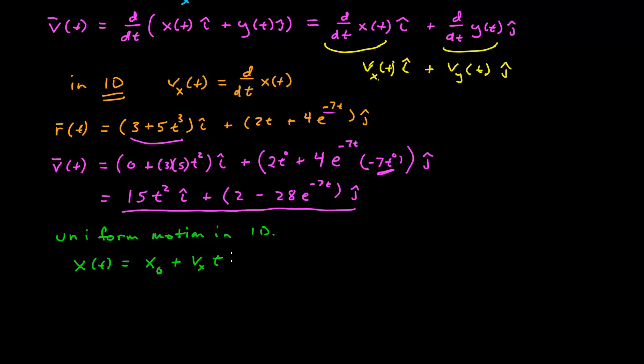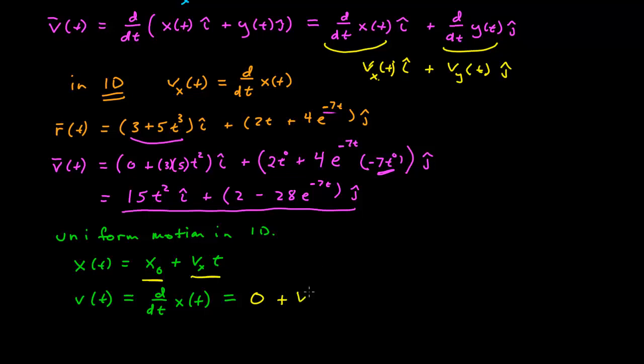So if I were to apply our fundamental definition, this is equal to the derivative then of our position as a function of time. So I have to differentiate this term here. The derivative of a constant is 0, plus the derivative of this term, which is just linear in t.